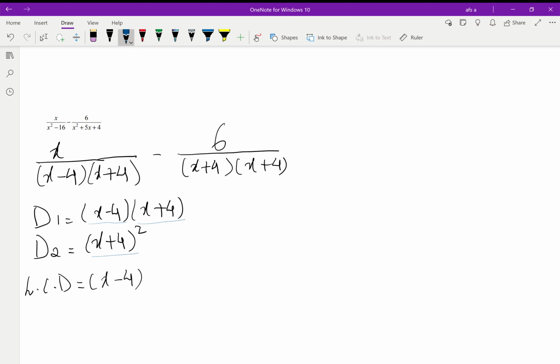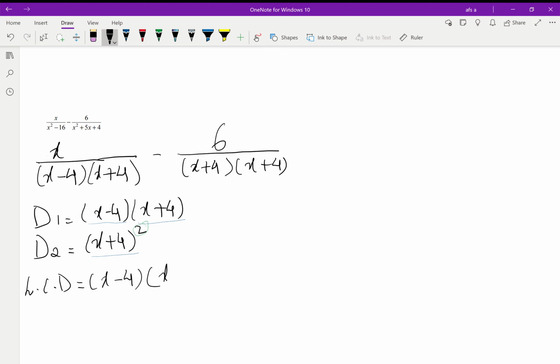Remember, if I encounter the same factor between my denominators, I get to keep it the greatest number of times it has come in one denominator, which means I'm going to look at my power. The power for the first one, not written, is a 1, and the power for the second one, written out, is your 2. So that's the power I'm going to write down.